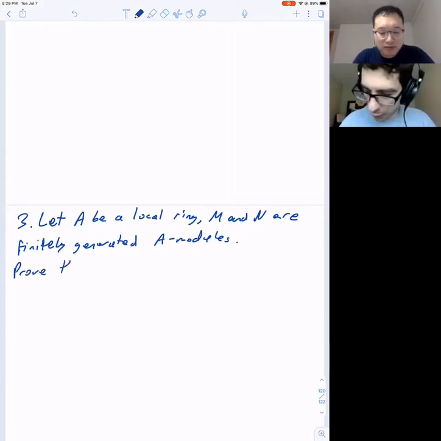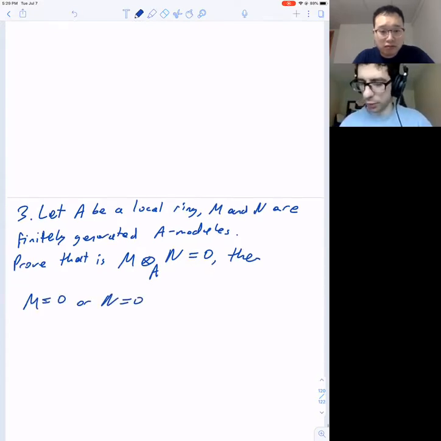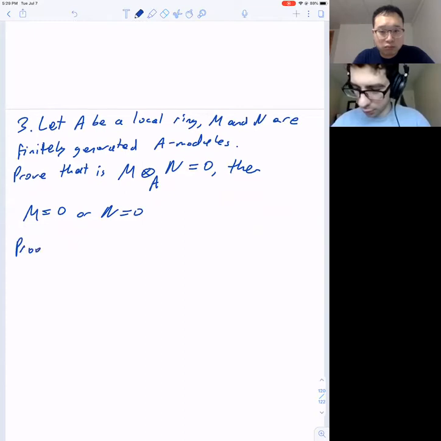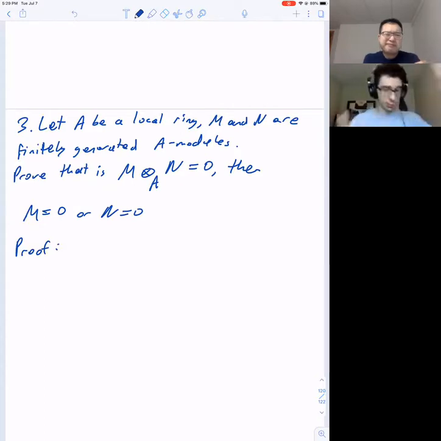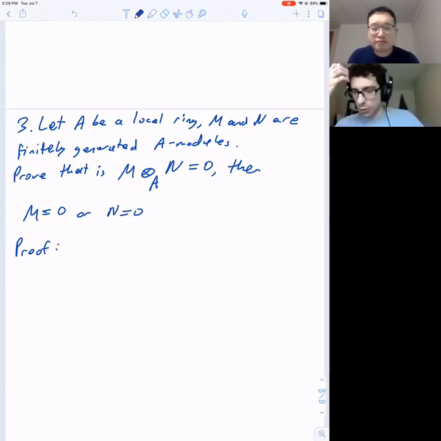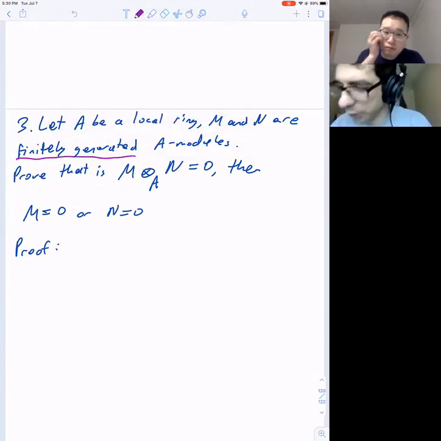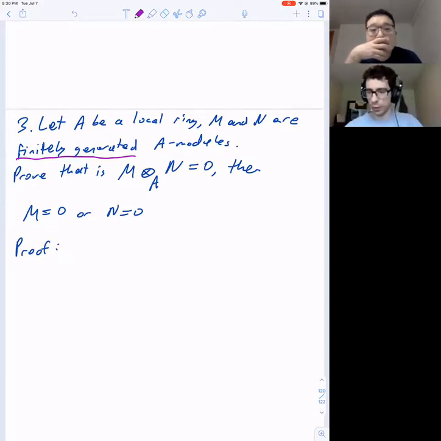Prove that if M tensor N equals 0, then M is 0 or N is 0. So something that should be very natural, but it's very important we have finitely generated.